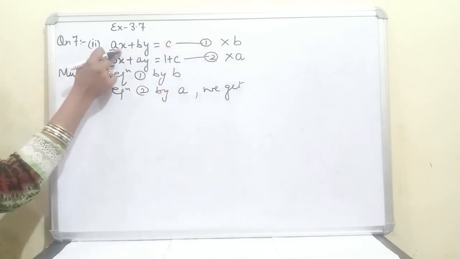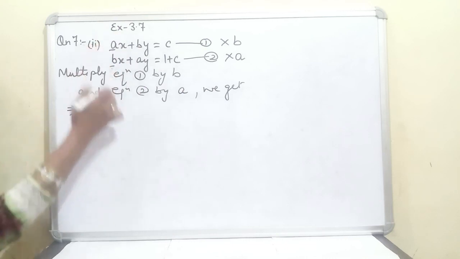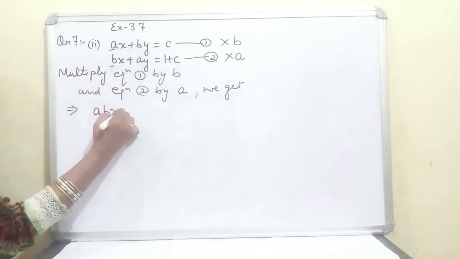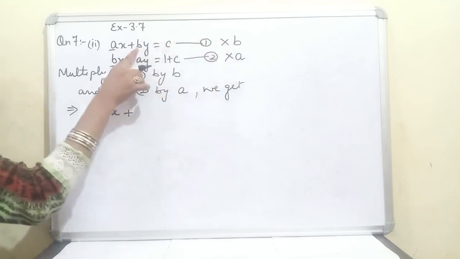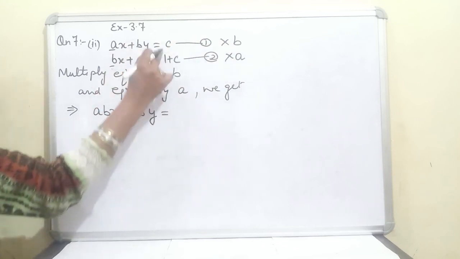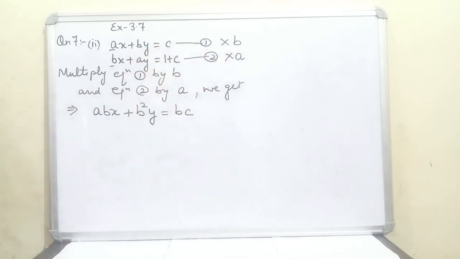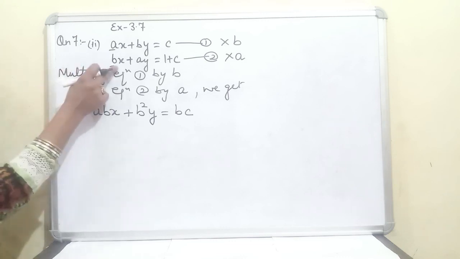Yes, it will be abx plus b square y. b into b is b square y equals bc. Right? In the same way, what will be the second equation?